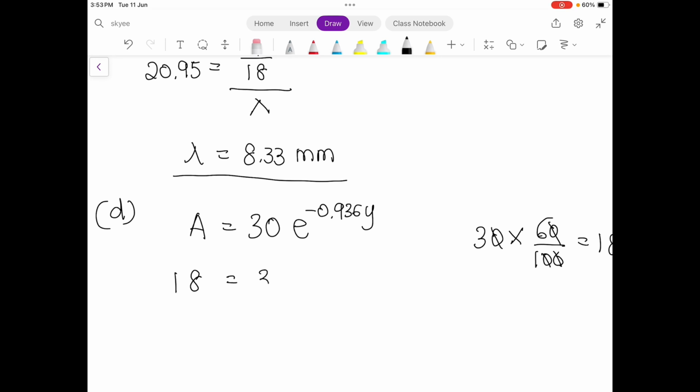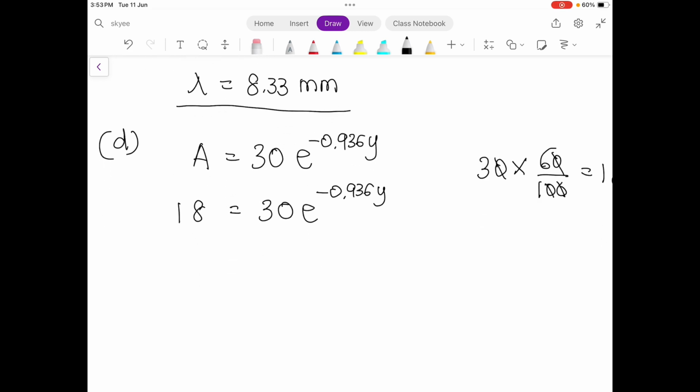You want to know how much distance y will make your amplitude drop until you get 18. So this one is 18 divided by 30, equal to exponent negative 0.936y.